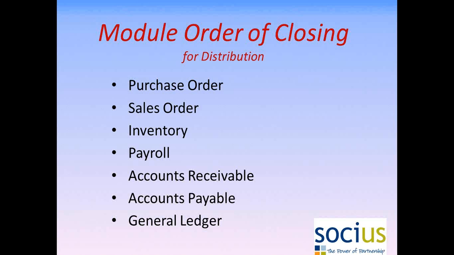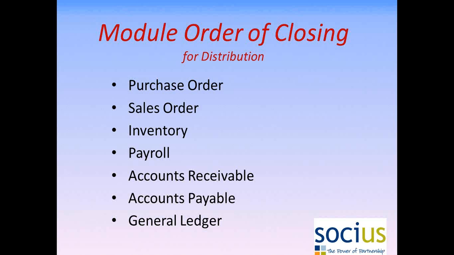And basically, for the most part, the rule of thumb is starting at the bottom and working your way up. Any applications that feed into other applications should be closed first. So purchase order and sales order both feed into inventory.